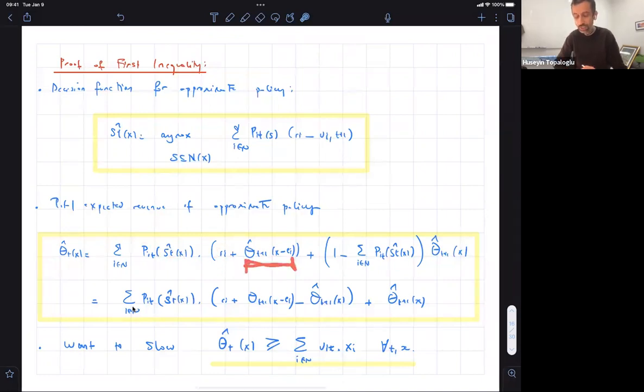And this is the total expected revenue collected by my approximate policy, starting from the next time period on, after losing 1 unit of product i. And with this probability, the customer doesn't purchase anything. If the customer doesn't purchase anything, I'm going to walk to the next time period with the same amount of capacity that I had. This is the total expected revenue collected by our approximate policy, starting from the next time period on.